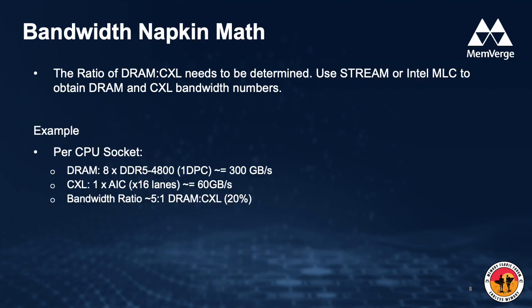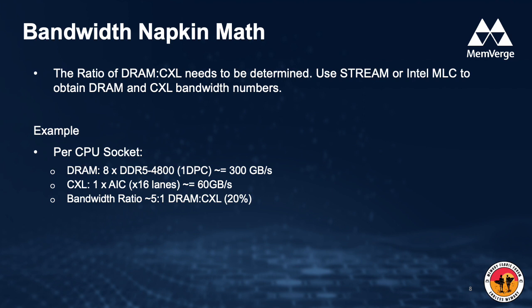So I wanted to show you an example, right, using a bit of napkin math here. We can use, again, either streams or MLC to determine the real bandwidth throughput of our DRAM and CXL devices. The example I'm providing here is our lab system that we used previously for the results, which had 8 DDR5 4800 DIMMs installed, 1 DIMM per channel for maximum bandwidth.